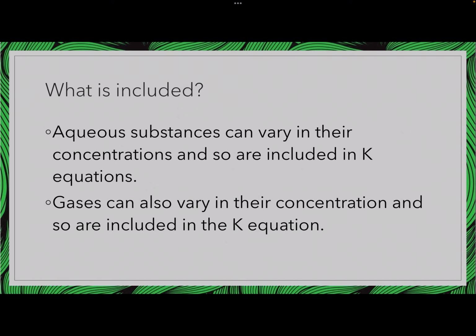If you think of aqueous substances, so salts dissolved in liquid, you can vary their concentrations by adding more of that stuff. It'll dissolve and the concentration will increase. In gaseous systems, gases can also vary their concentration. If we increase the pressure, that changes the concentration. So gases are also included in the K equation.